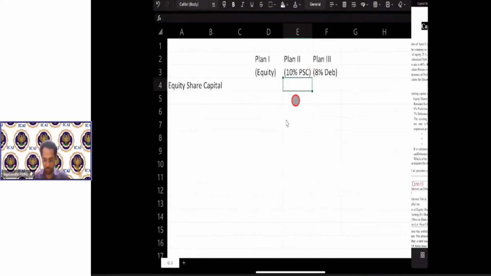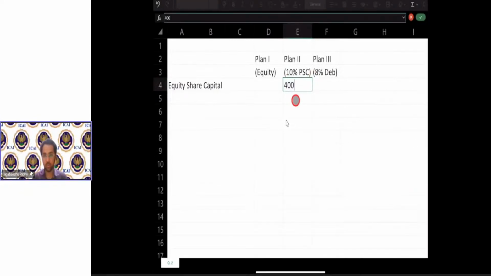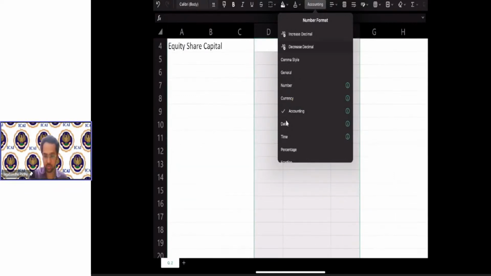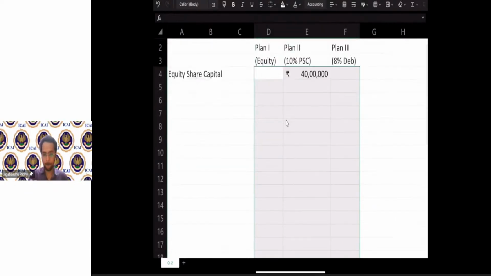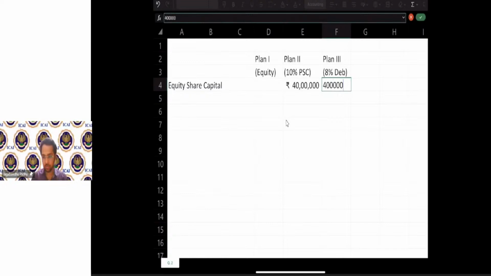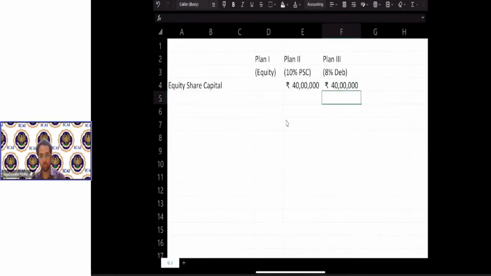So in plan 2 and plan 3, the equity amount is going to be 40 lakh itself. Plan 3 is also going to have the equity share capital as 40 lakh.